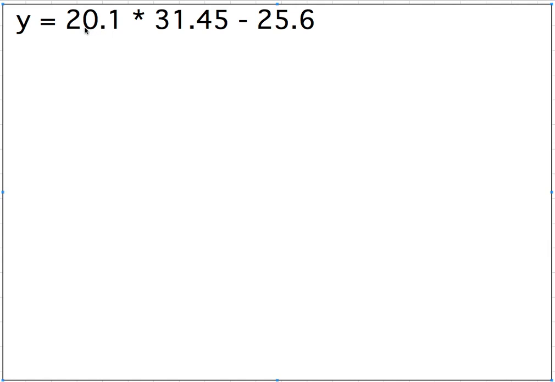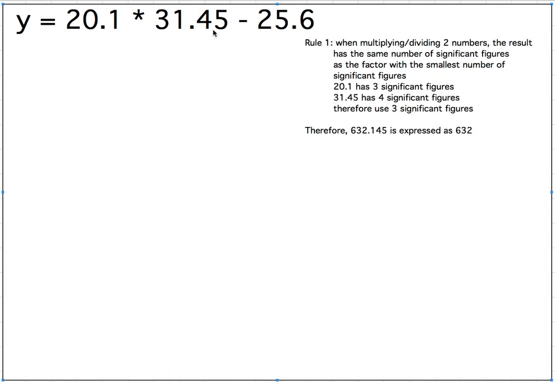So if, for example, I'm going to solve this equation, first of all, I'm going to do a multiplication. For multiplication, the rule is when I multiply or divide two numbers, the result has the same number of significant figures as the factor with the smallest number of significant figures.